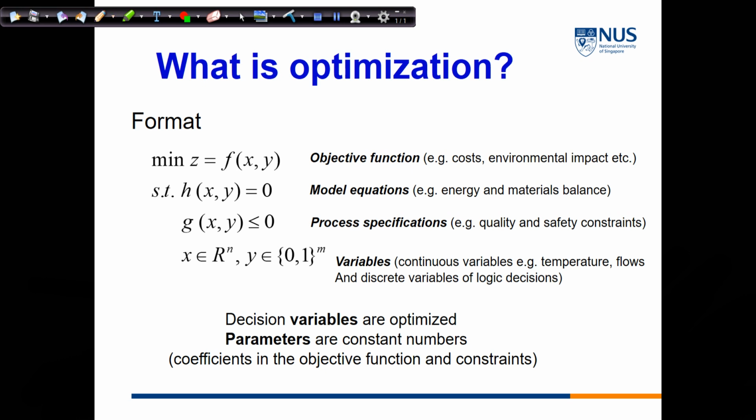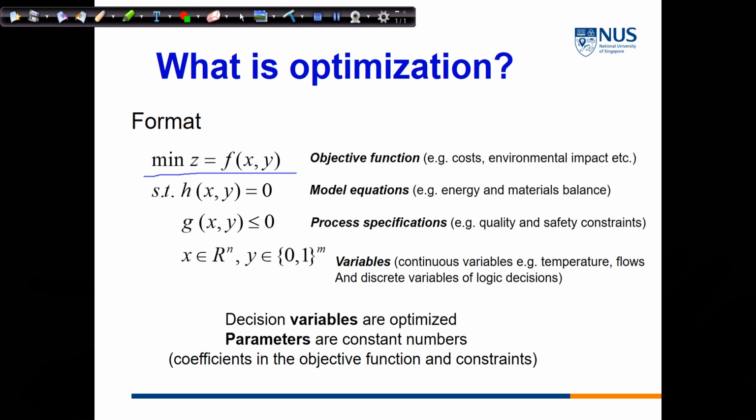So here are some examples. We can minimize our cost for a decision problem, for your budget planning, your inventory planning, your planned operation in your design project. Or minimize the environmental impact. Nowadays, we concern ourselves a lot about sustainability.